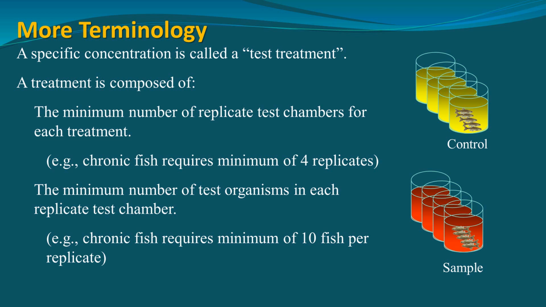And it has a minimum number of replicates, the test chambers that the organisms are in. For example, the chronic fish test, this is the longer term fish test that measures growth. You have to have at least 4 jars of sample, 4 beakers, 4 bowls, whatever is required. And it also has a certain number of organisms that need to be in that treatment, and for fish it has to be 10.